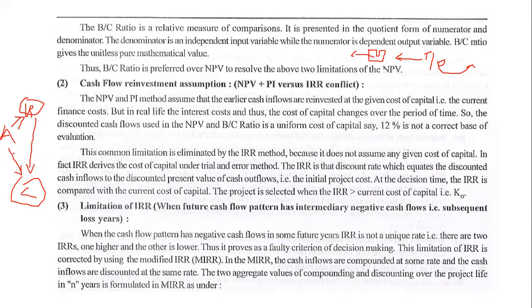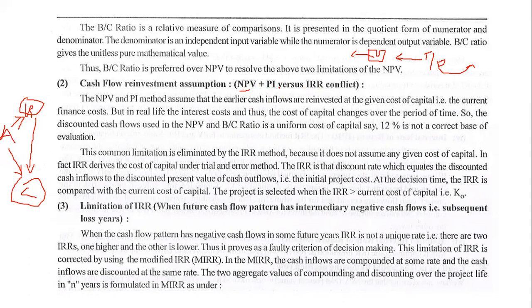So cash flow reinvestment gives the best option, but it cannot take part in net present value and PI. So on this basis, IRR is much more convenient than net present value plus PI.